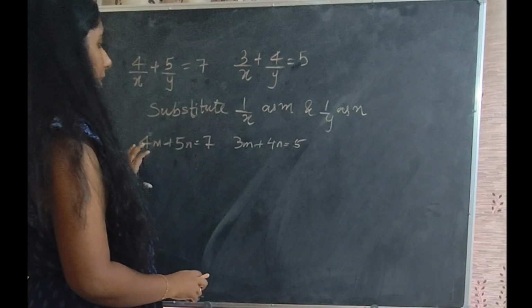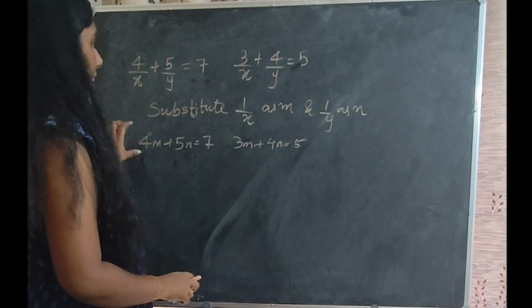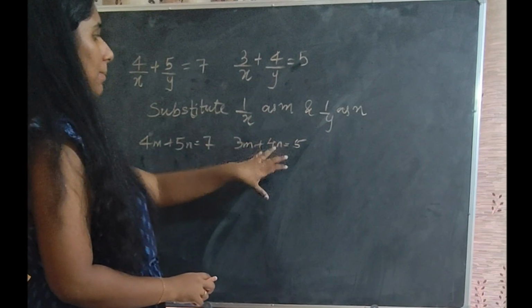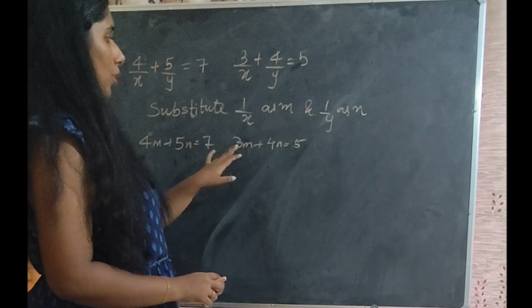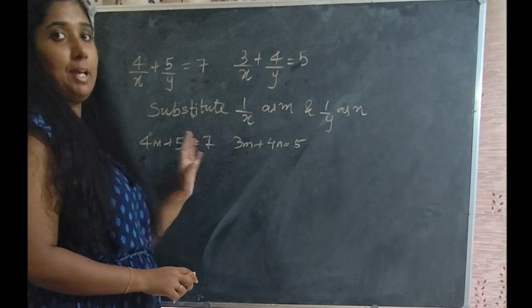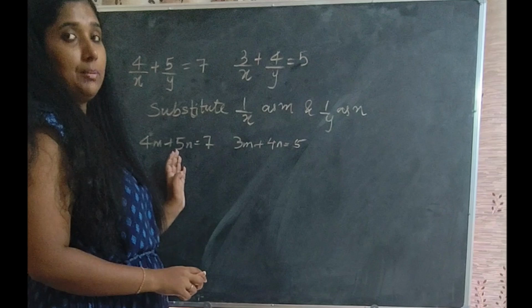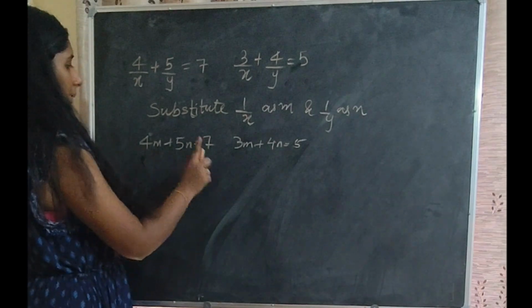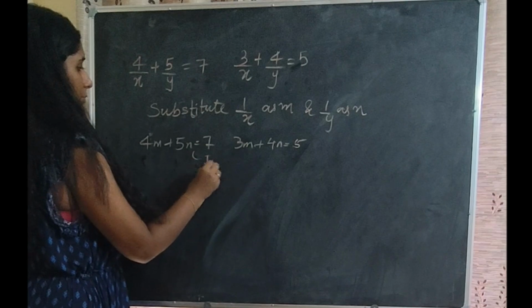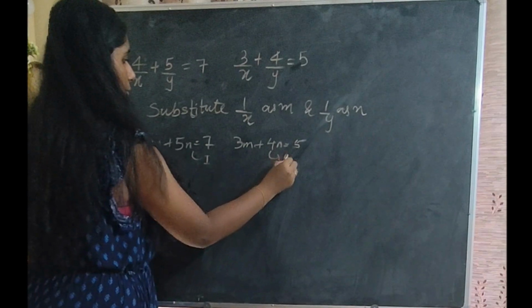In order to eliminate m, this would be multiplied by 3 and this would be multiplied by 4, as the m coefficients 4 and 3 are not multiples of each other. This is equation 1, this is equation 2.